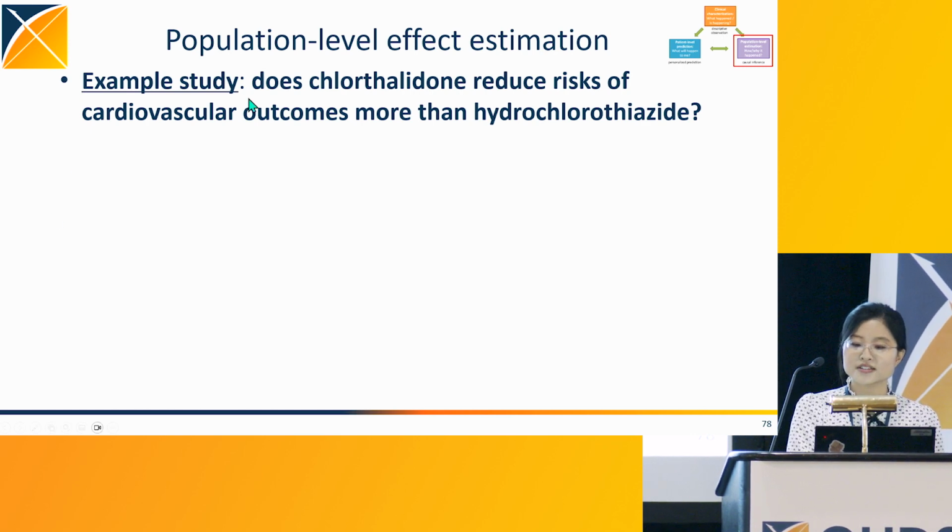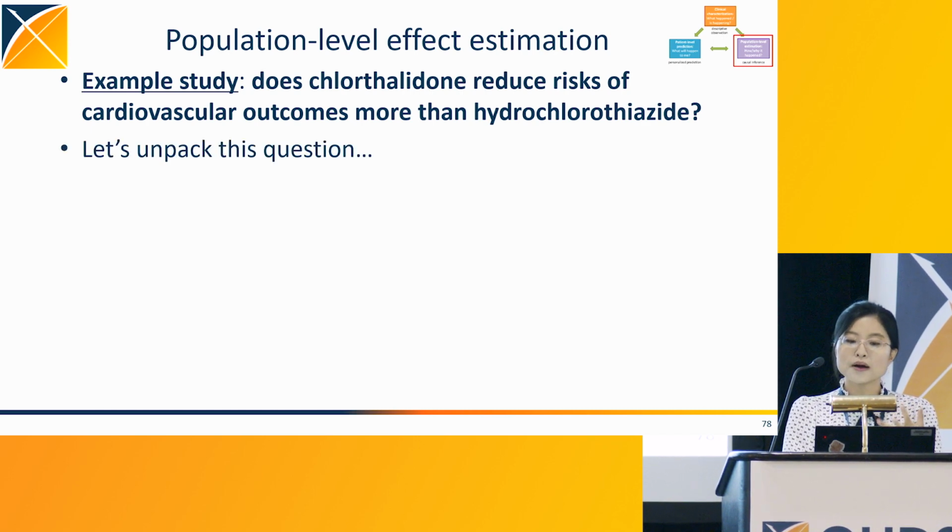Remember that the second drug is the more popular one. But somehow the first drug seems to be recommended with more benefits, things like that. So we wanted to do an observational study using our databases to run an investigation of that.